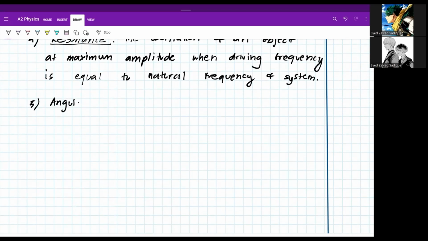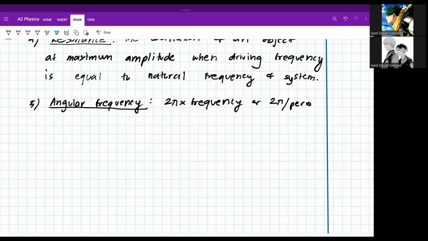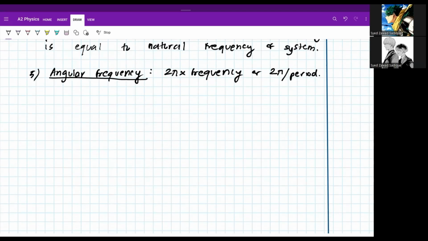Number five, we have angular frequency. We learned this in circular motion. That is 2 pi times frequency, or 2 pi over period. So, omega equals 2 pi f. Number six is displacement. It is distance from a reference point in a given direction.